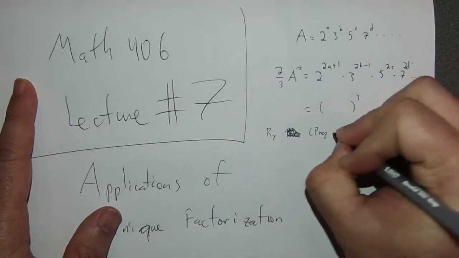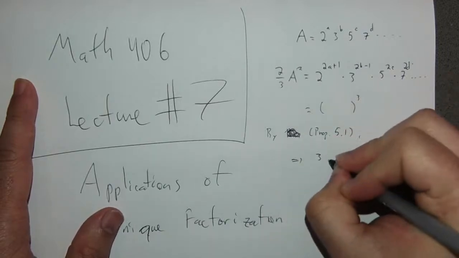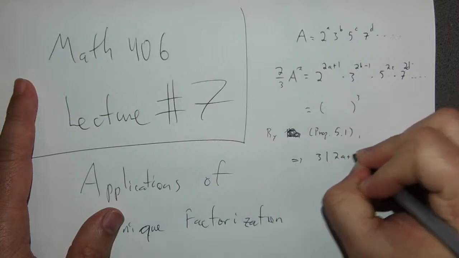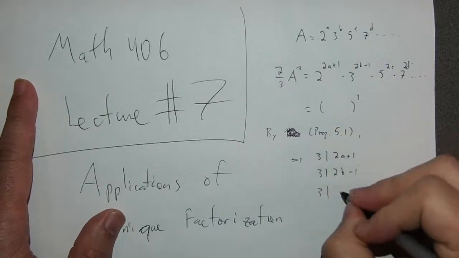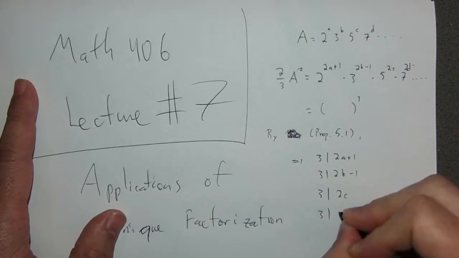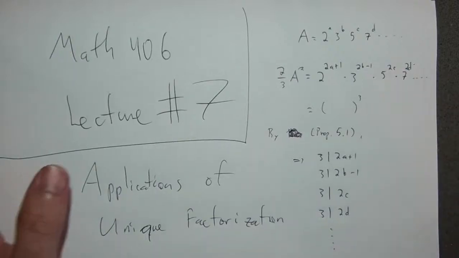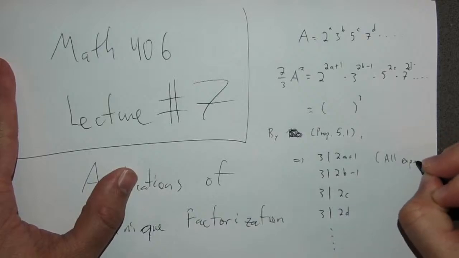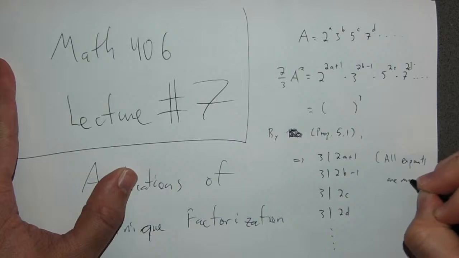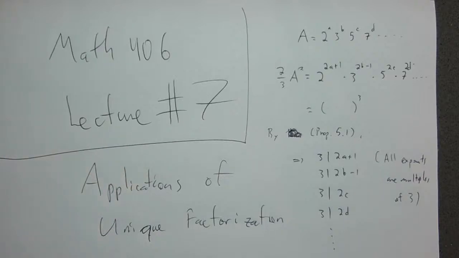So by proposition 5.1, this implies that 3 divides 2a plus 1, and also 3 divides 2b minus 1, and also 3 divides 2c, and 3 divides 2d, and so on, right? So every single exponent in the prime factorization of this thing must be divisible by 3. So all exponents are multiples of 3.